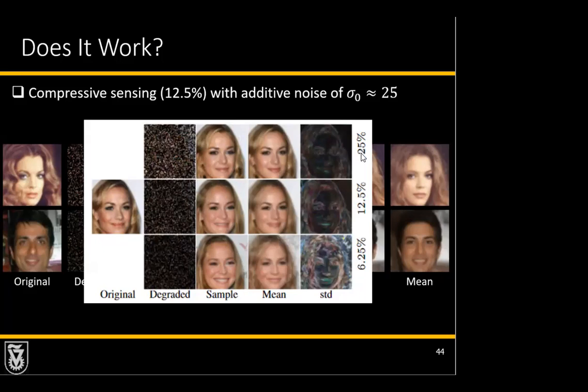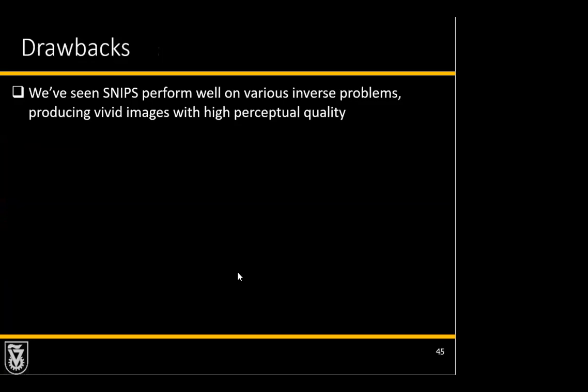We had 25% of data and now we have 6%, but still it is high quality. So we've seen that our algorithm, SNIPS, performs well on various inverse problems and several data sets. We have high perceptual quality images.